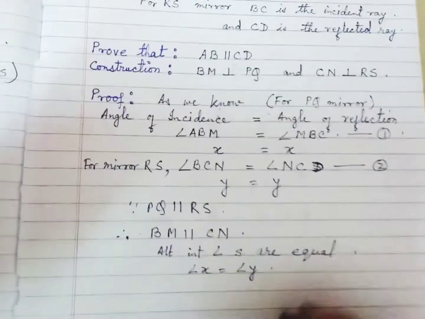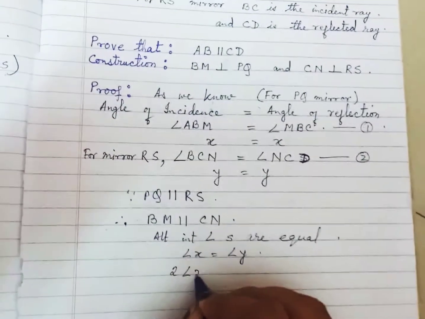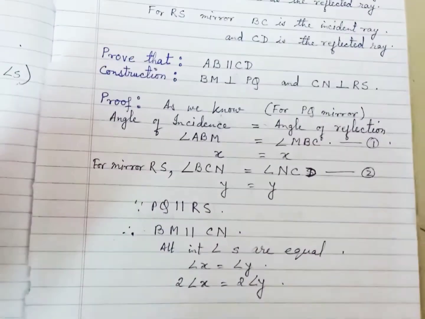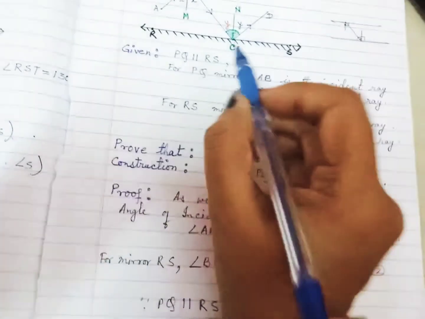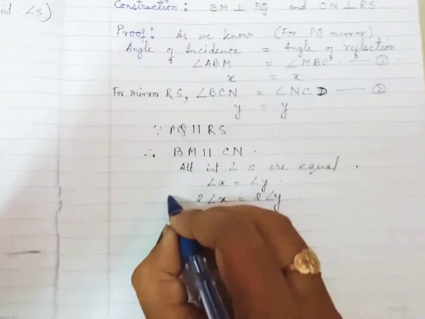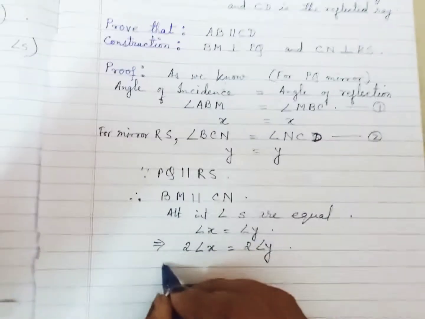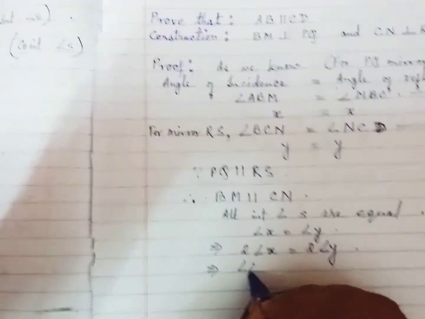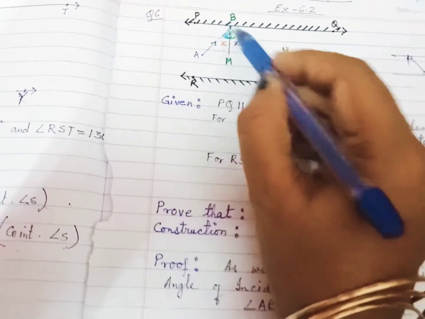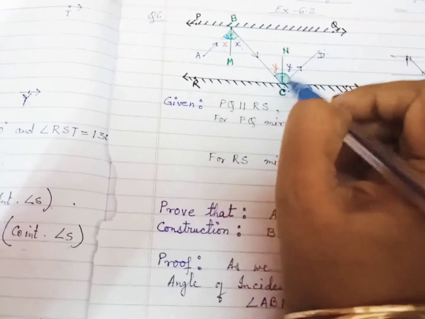Now if we take twice of that, twice angle x equals twice angle y, and twice angle x represents ABC. See the diagram: twice x is ABC and twice y is BCD.